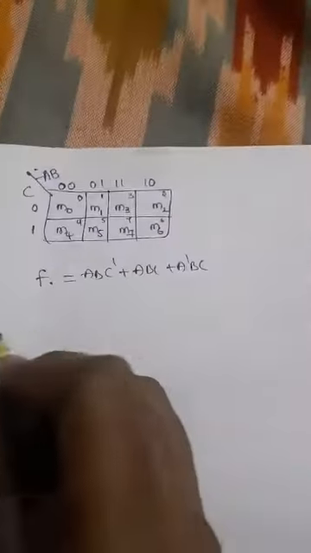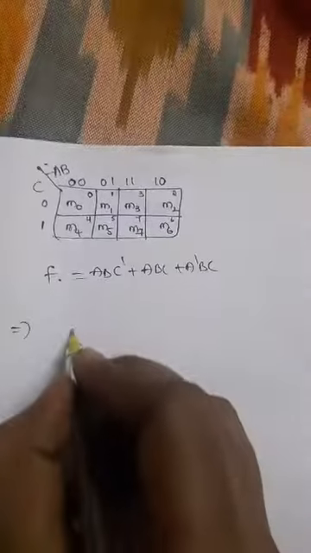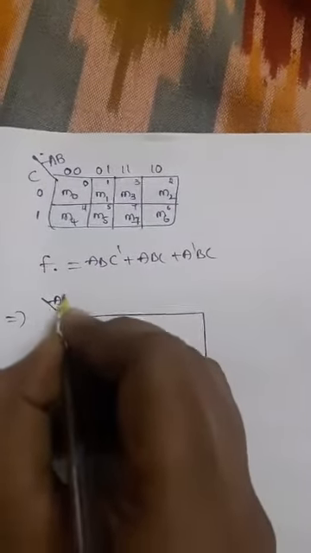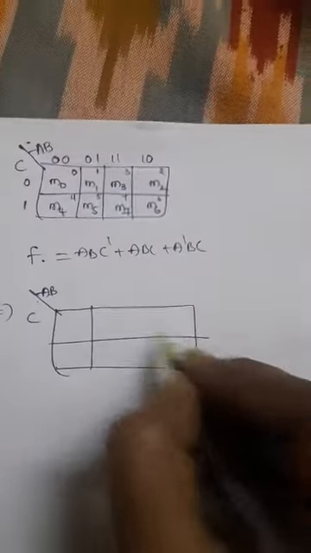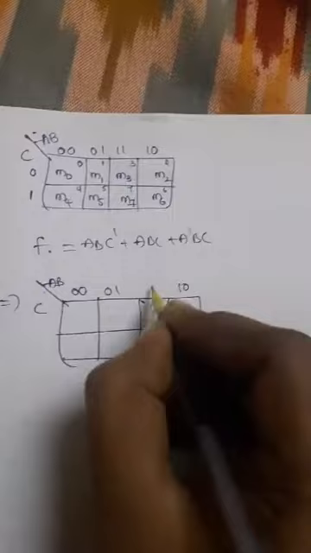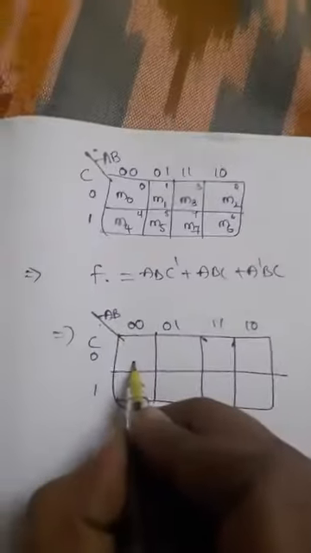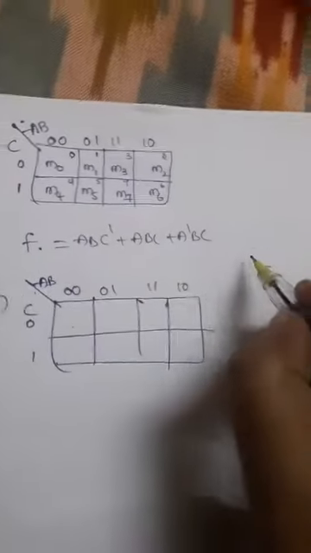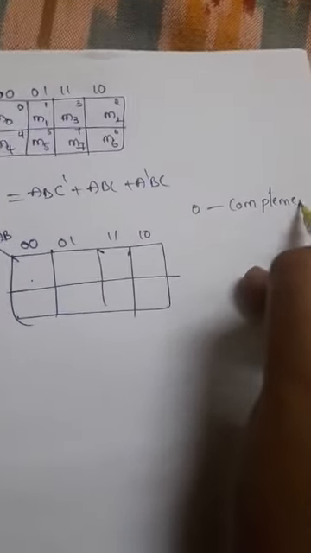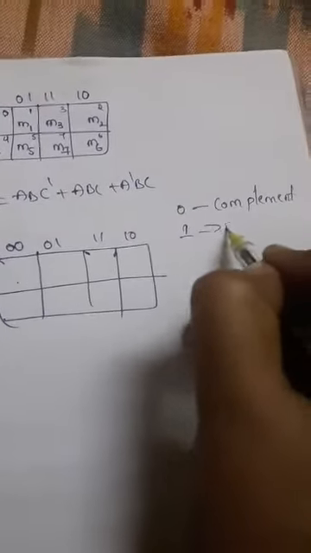Okay, and also you know how to write the complement terms for the variables A, B, C: 0 0, 0 1, 1 0, 1 1 for 0 1. So this cell can be represented, we already know, right? 0 is always represented as complement and 1 is always represented as normal, right?